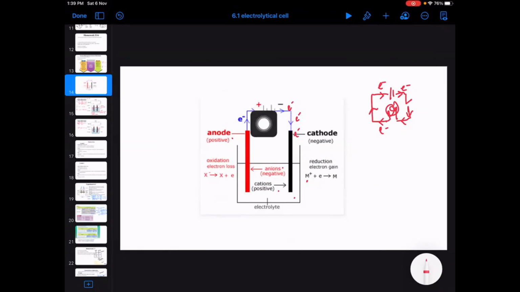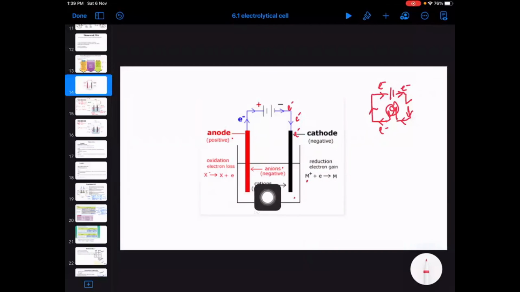So for all electrolytic cells, this summarizes everything. The electron coming out from the negative side of the battery goes to the cathode. The positive ion in the electrolyte will discharge by accepting this electron and become discharged, so no more charge.